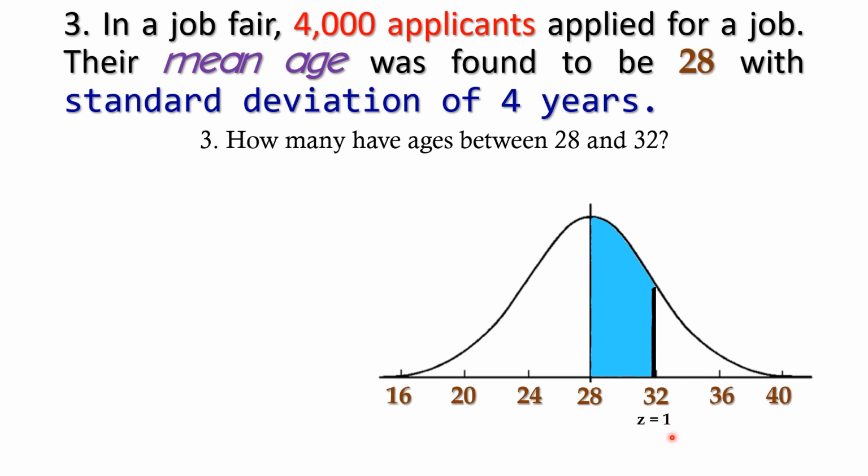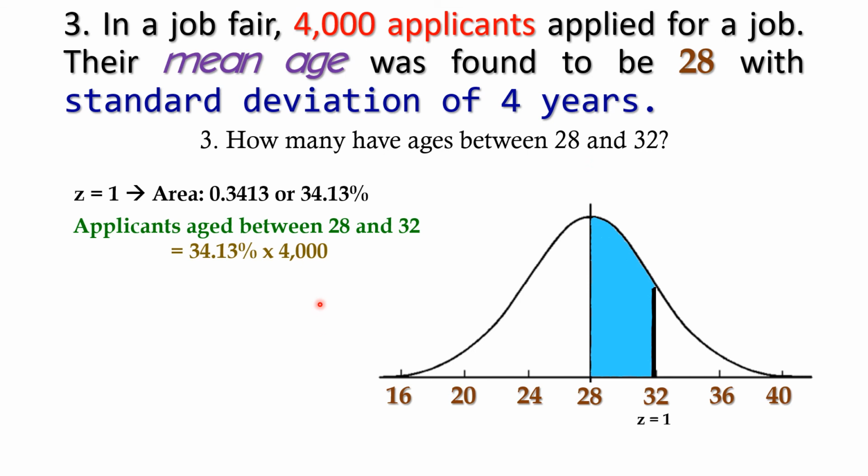So the first step to do is to consult the z table for the corresponding area of z equals 1. And the area for z equals 1 is 0.3413 or 34.13%. Okay, so with that, we can now solve for the number of applicants who are aged between 28 and 32.